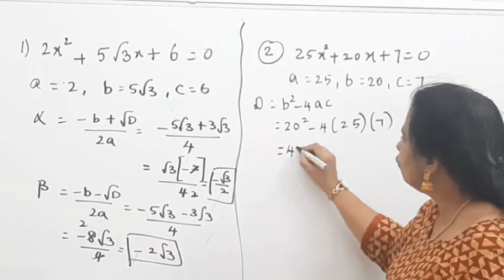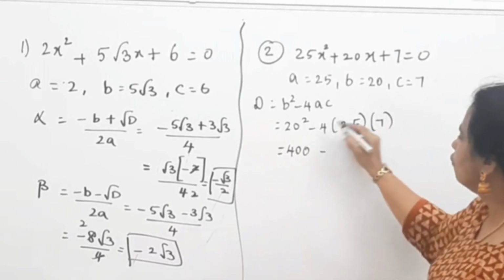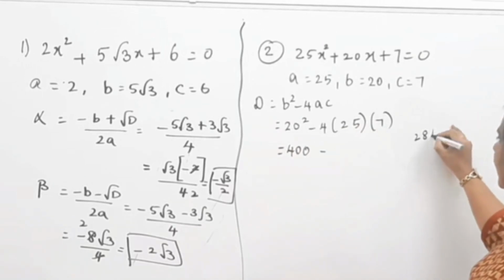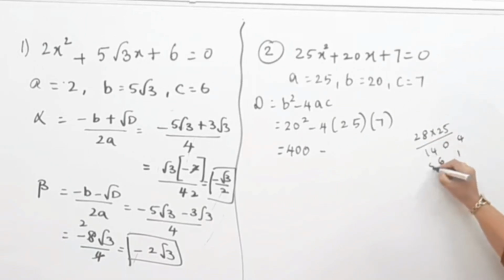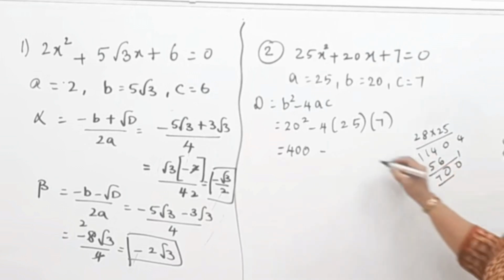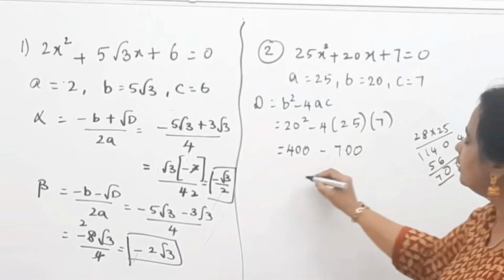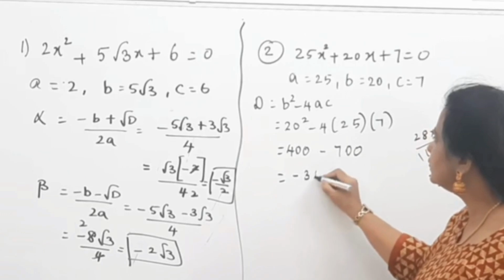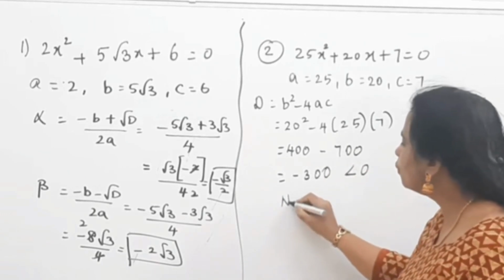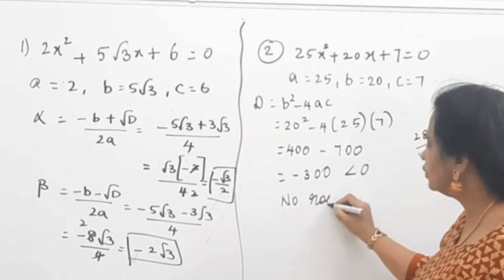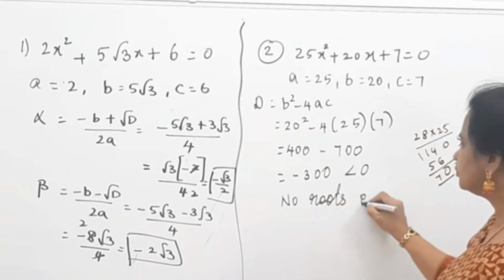That's equal to 400 minus 4 7s are 28. 28 into 25, that is 700. So 400 minus 700, which is equal to minus 300, which is less than 0. So no roots existing for this equation.